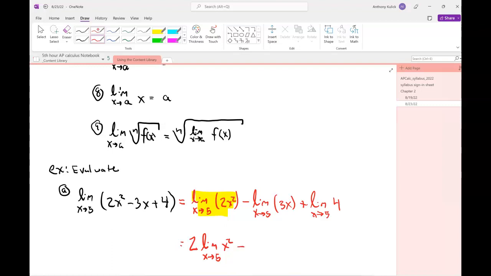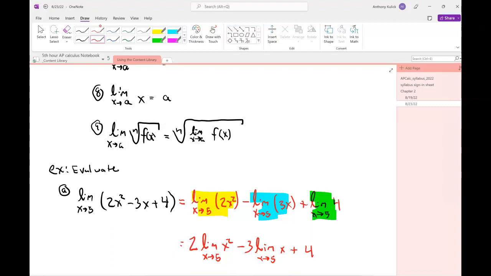I would apply that property 3 also to the second limit. And then I'm going to apply property 7 to that last limit. Since we're just taking the limit of a constant, that limit is just the constant.